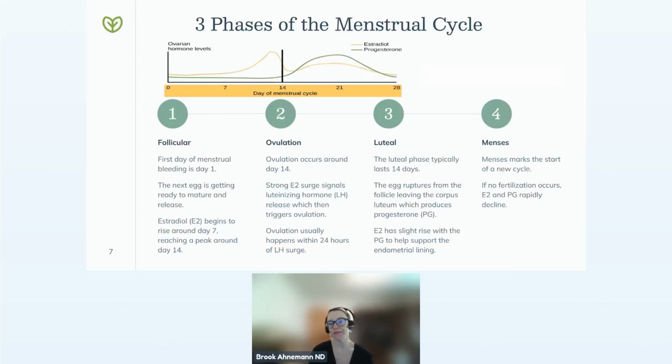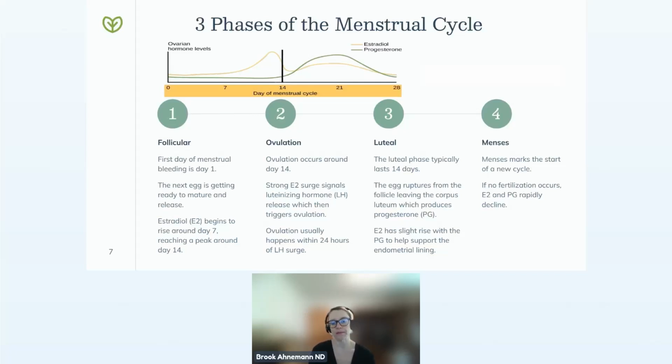Following ovulation, we have the luteal phase. This is typically going to last about 14 days. At this point, the egg is ruptured from the follicle, leaving behind a corpus luteum, which produces progesterone. The estradiol does drop from the ovulatory surge, but it stays slightly elevated with the progesterone to help support the endometrial lining.